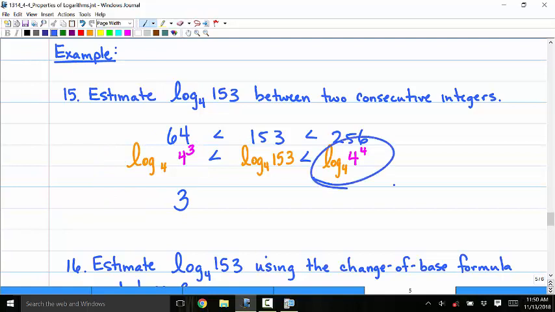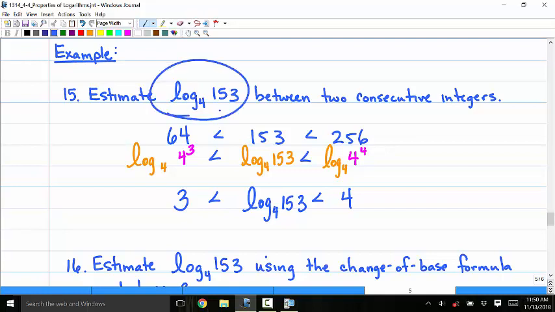What is log base 4 of 4 to the 4th? 4. So I just found two integers that trap log base 4 of 153. So this is between 3 and 4.